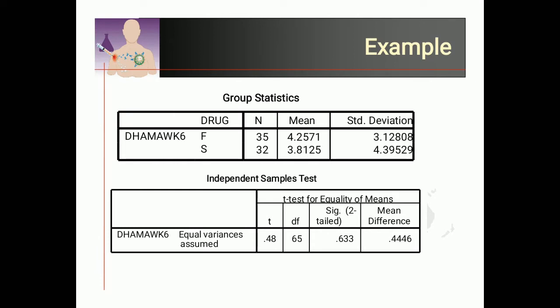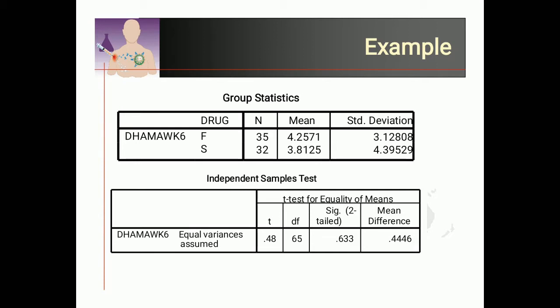You can see here the group statistics, drug F and drug S, with the number of people denoted by N. Drug F is taken by 35 people, drug S by 32 people. The mean for F is 4.2571, the mean for S is 3.8125, and the standard deviation for F is 3.12808, for S is 4.39529.